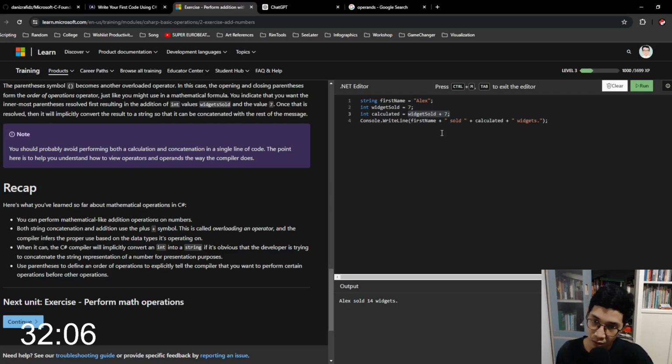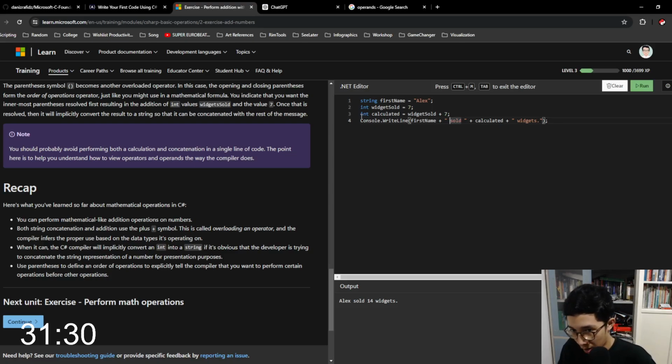I didn't have any clue why, if there is a mix of string and integer, the compiler will prioritize the string first. So this line will become concatenation and not addition. So I think concatenation has higher priority than addition.